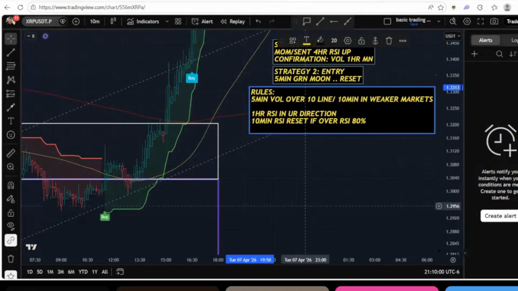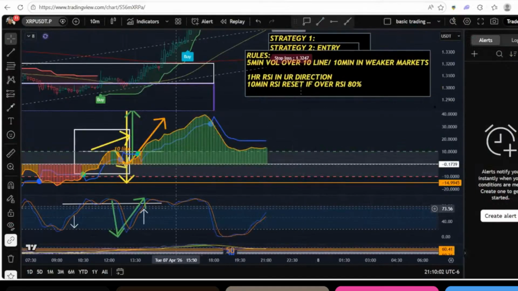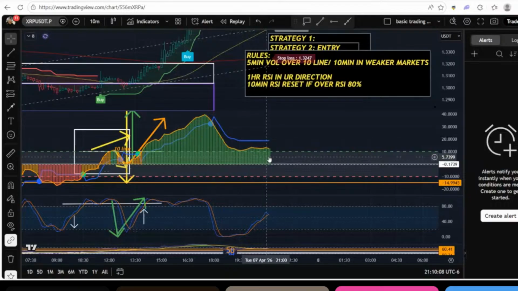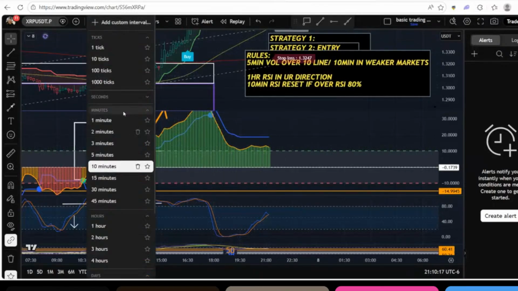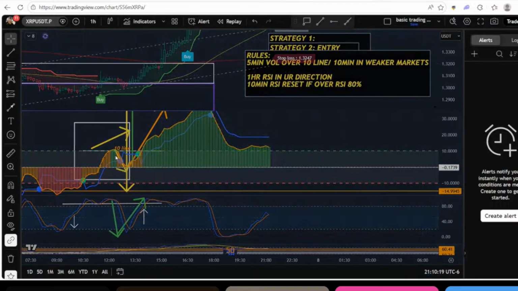But yeah, that's just making sure that we're trading with momentum, and that's really where we want to go. Like you see here, this 10-minute XRP. You see how it failed right there while we're watching it, just printed it down. And now if I'm looking at this XRP as a whole, I go to my 1 hour.